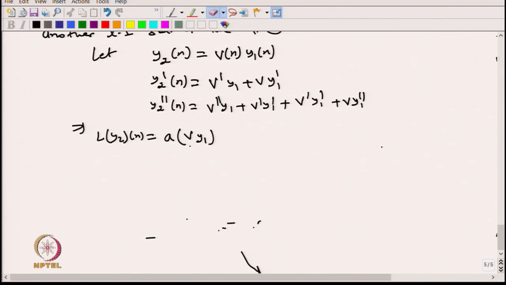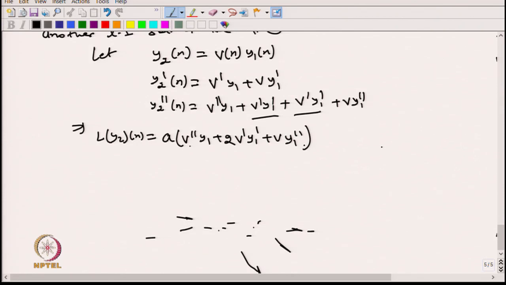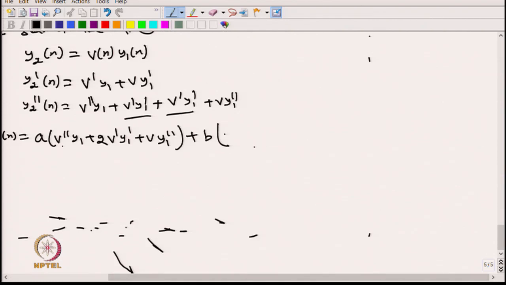The second derivative will be v double dash y1 plus, now this into this, 2 times v dash y1 dash plus v y1 double dash, now plus b times v dash y1 plus v y1 dash, plus c times v y1.